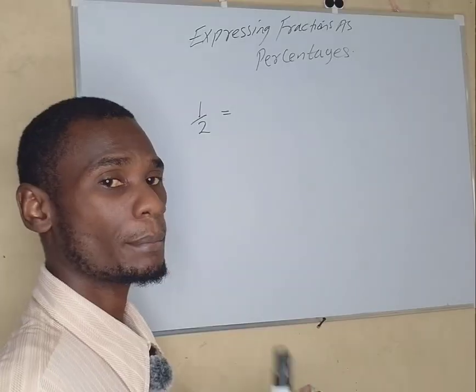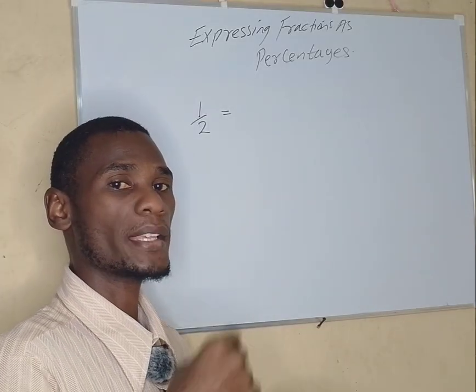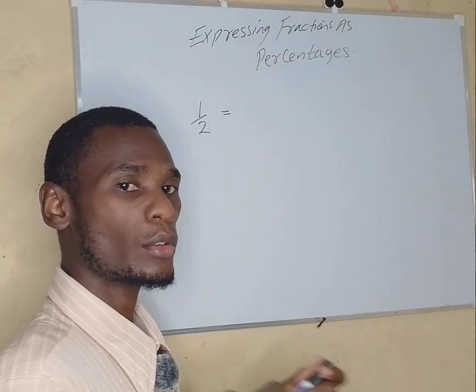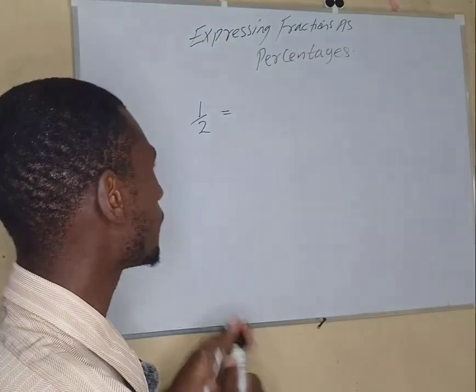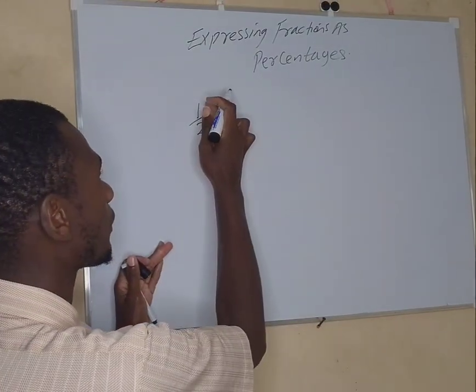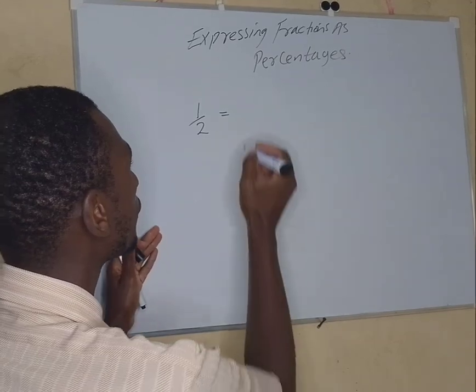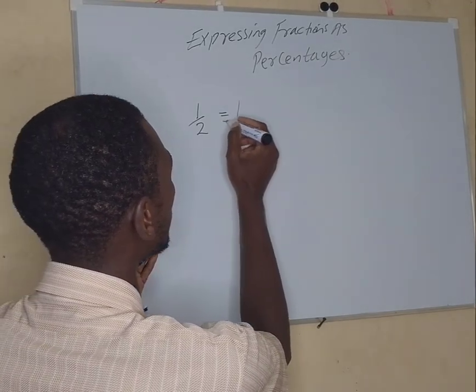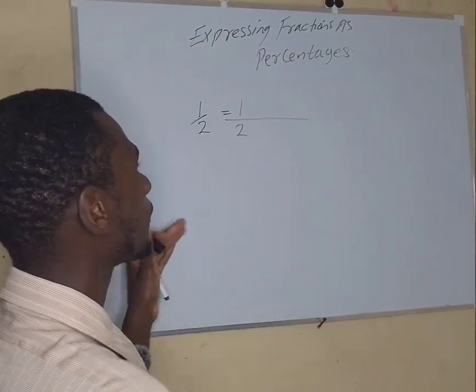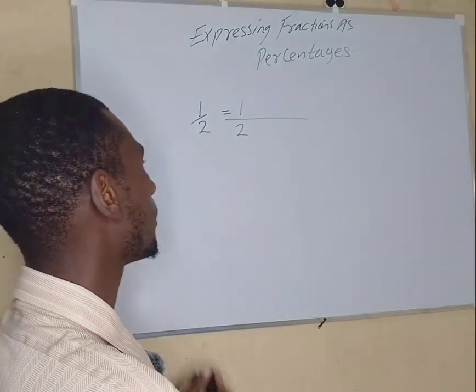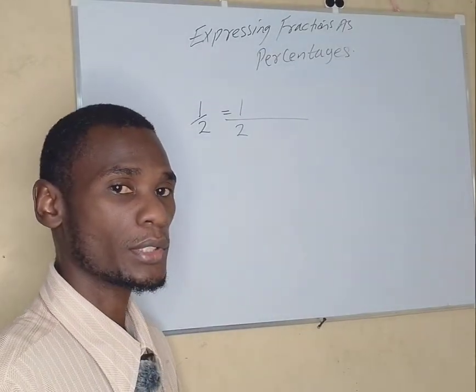So we know that percentage is out of 100, anything out of 100. If you are given a fraction like 1 over 2, you will have these two numbers: 1, the numerator, on top, and the denominator, which is 2, down.